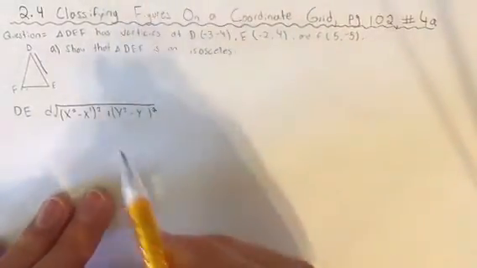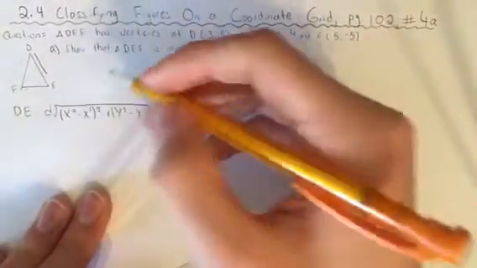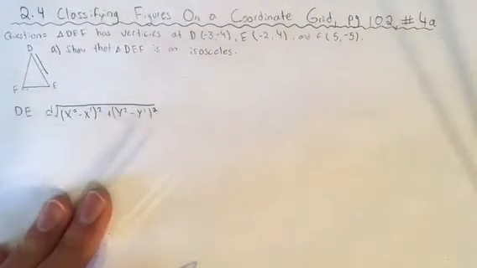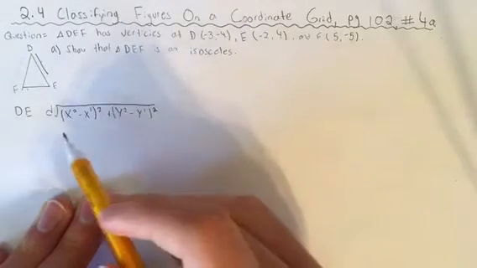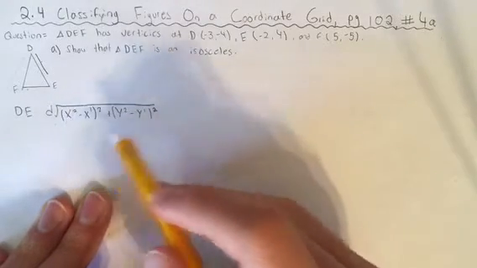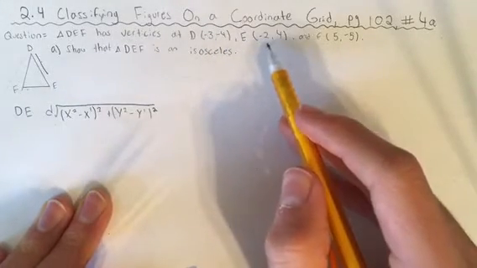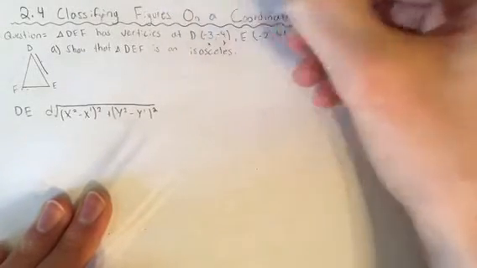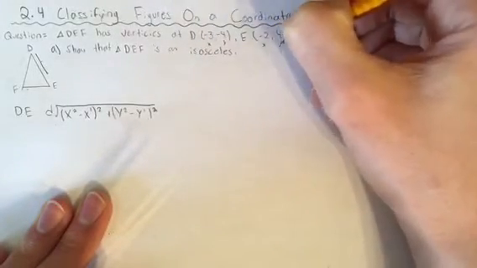Okay, so now we have to plug in our numbers. We know that x2 is -2. These are our coordinates, so this is x, this is y, this is x, and this is y.